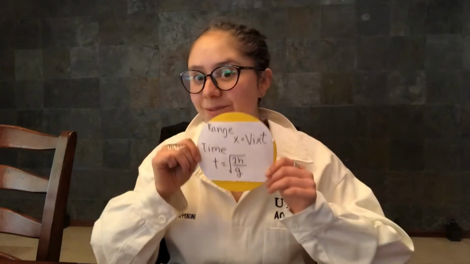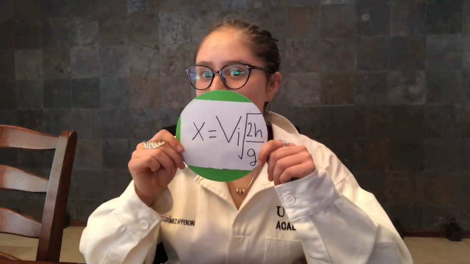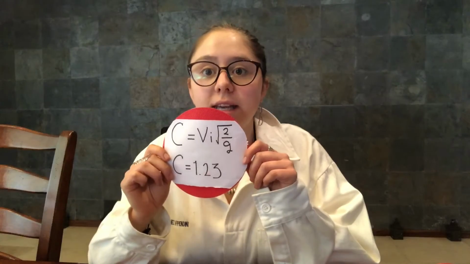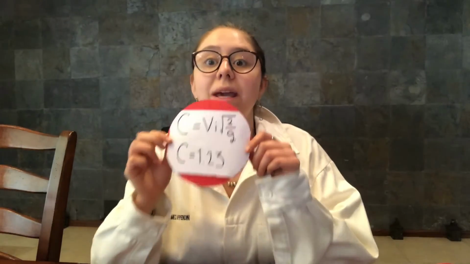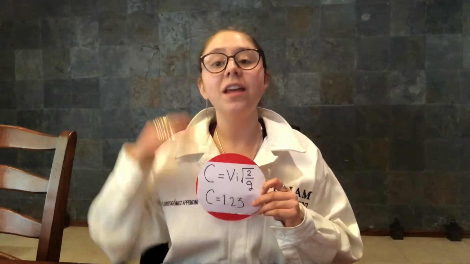For the theoretical model, I combined 2 very important formulas, time and range, and we got this magnificent theoretical model. To get the simplified model for the hypothesis, h was isolated and initial velocity times the square root of 2 became a constant value of 1.23, and we got the following equation.